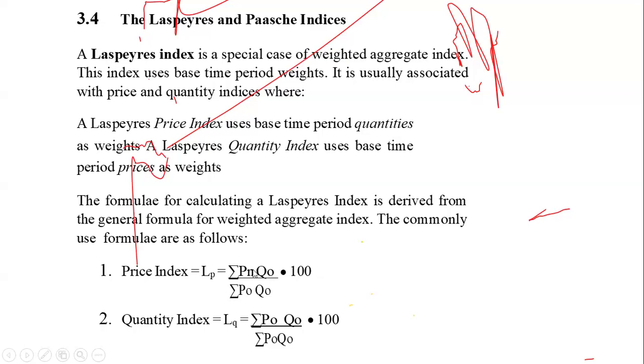Be careful. This is the price at some time point, Pn, times the quantity at the base time period, Q naught. So the numerator is a product of Pn and Q naught, whereas the denominator is a product of both the bases for price and quantity, P naught and Q naught. So that is the Laspeyres price index formula.